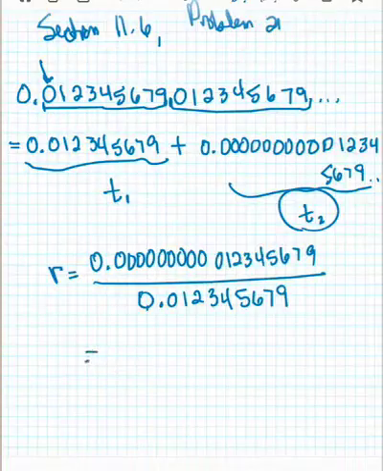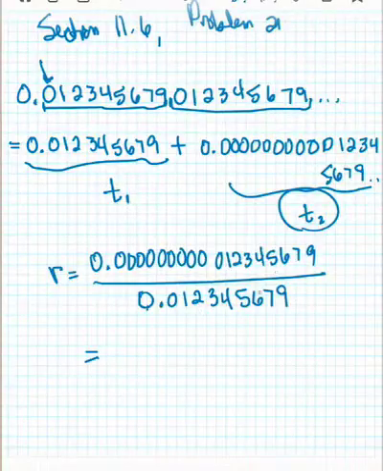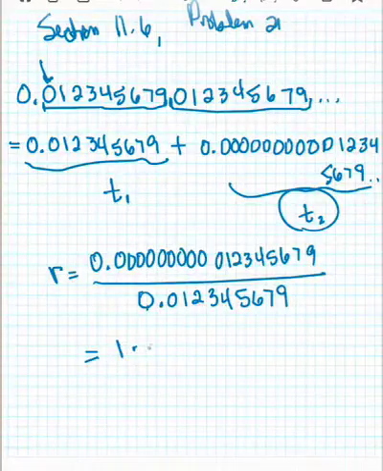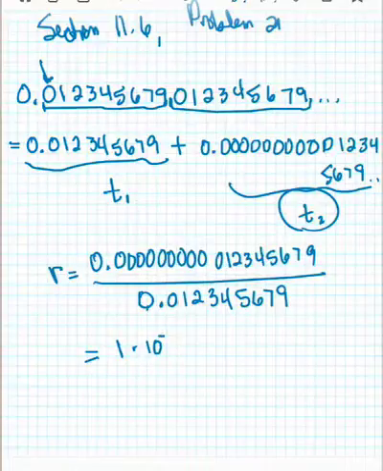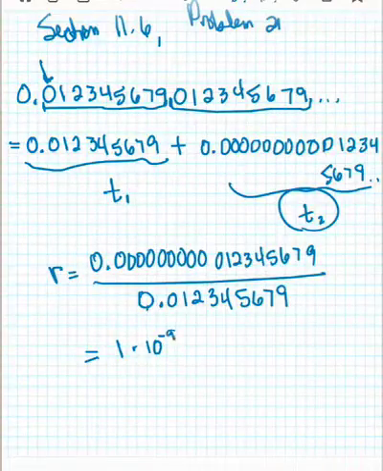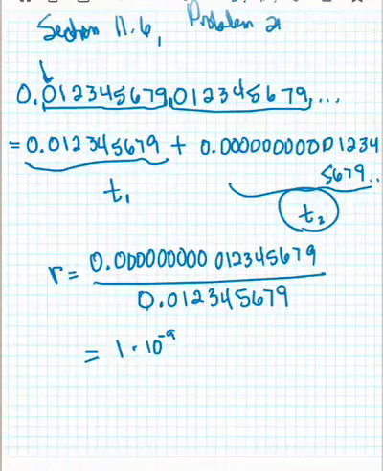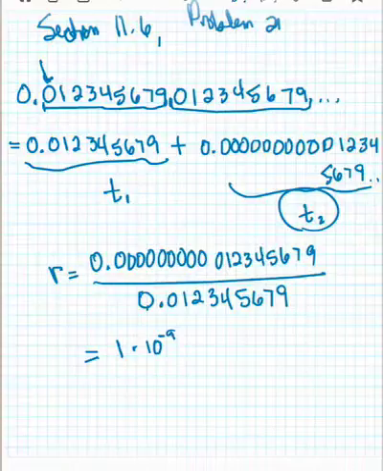I just did that on the calculator. It's no big deal. You just take the top number divided by the bottom number, and we get 1 times 10 to the negative, I can't remember, let me read it. 0 decimal 1, 2, 3, 4, 5, 6, 7, 8, 9.